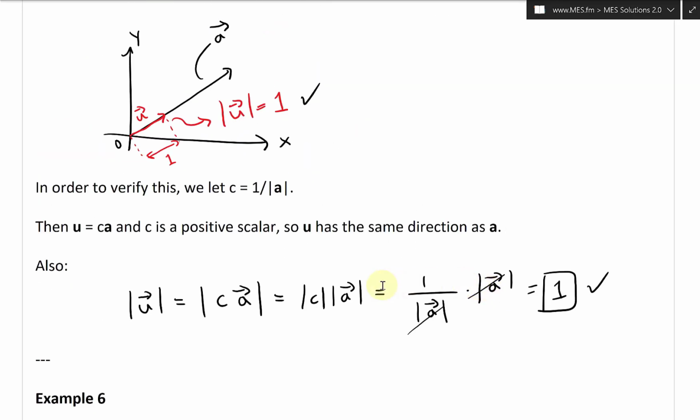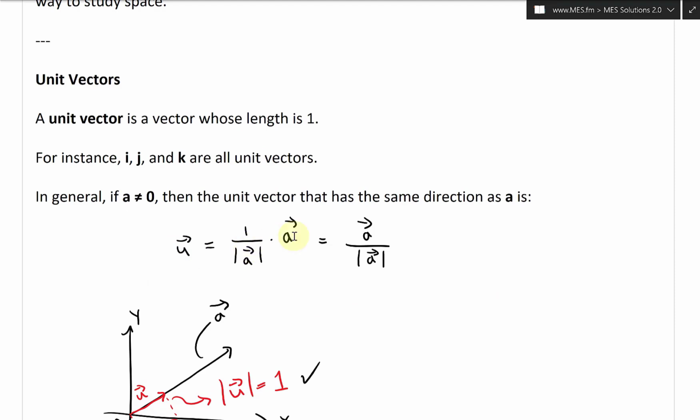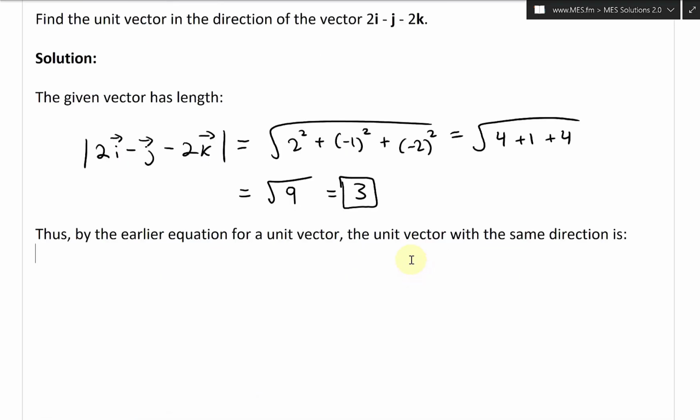All right, so thus, by the earlier equation for a unit vector, the unit vector in the same direction is, we just divide this by the length there. So the unit vector is the vector divided by the length. In other words, you're multiplying it by a scalar. So you could write this as, the unit vector is equal to the vector, the arrow, 2i minus j minus 2k, like that.